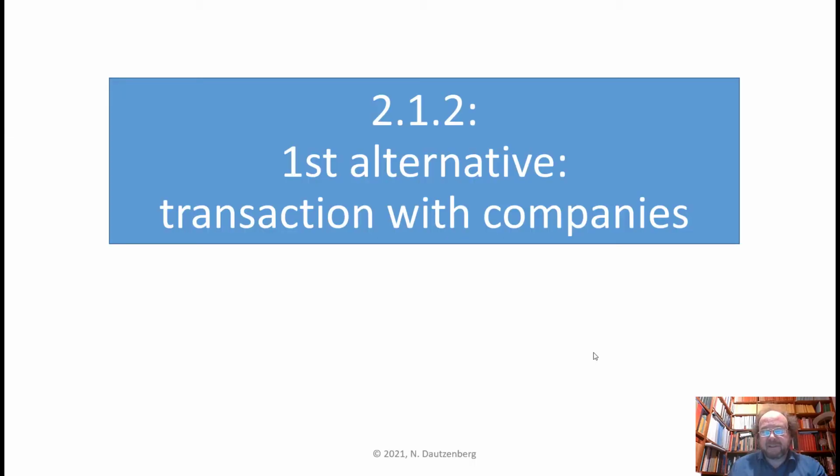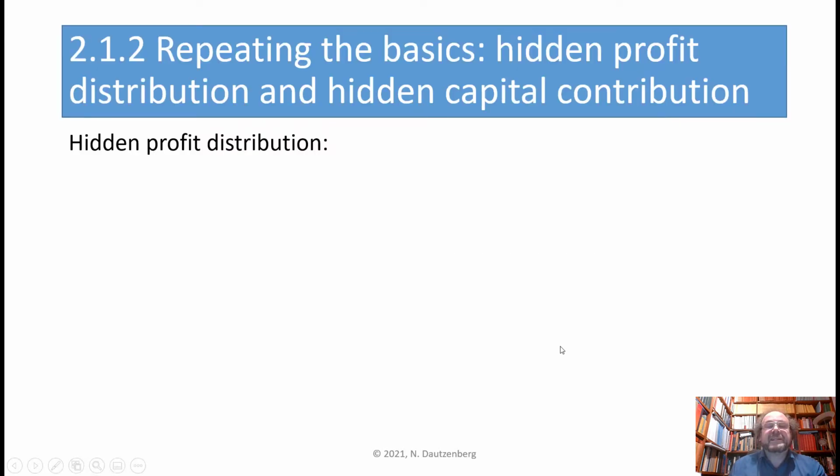Okay, now let us look at the first alternative, which is probably the most important one: transactions between or with companies. First, repeating the basics is important. When you deal with your own company as a shareholder, then you have to know about hidden profit distribution and hidden capital contribution again.